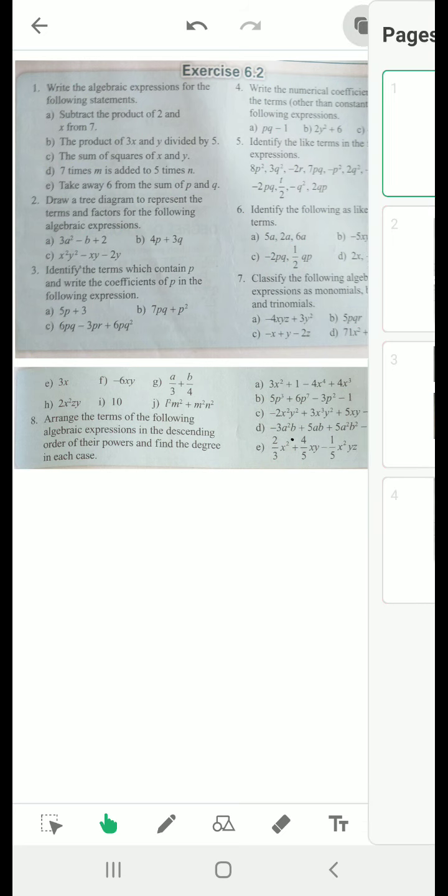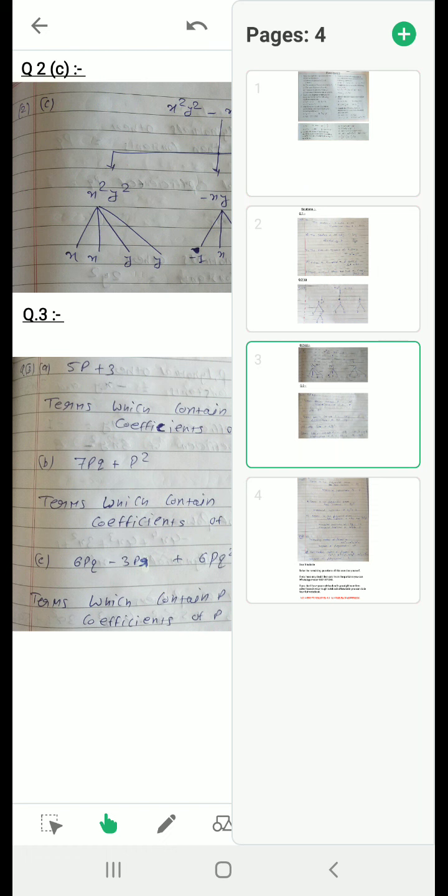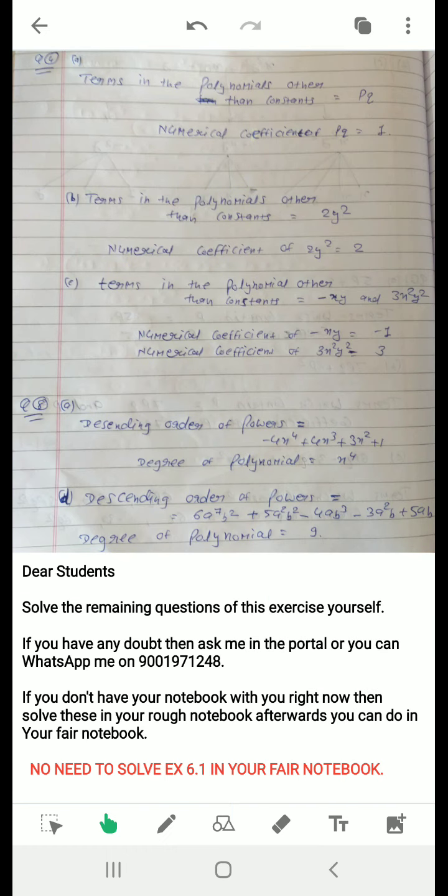For example, in question number 4a, the terms in the polynomial other than constants. That means the constant term we need not write. We need to write only the terms which are not constant.